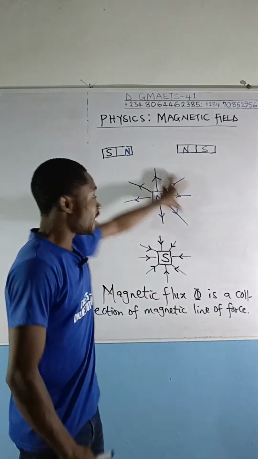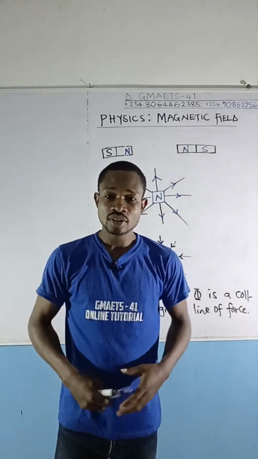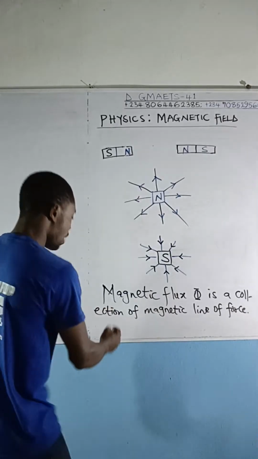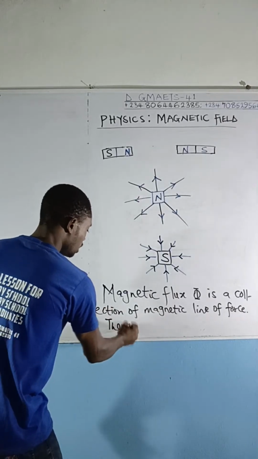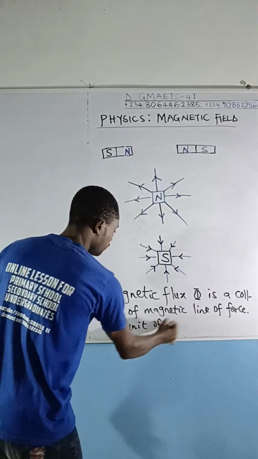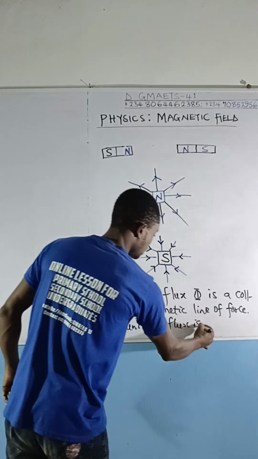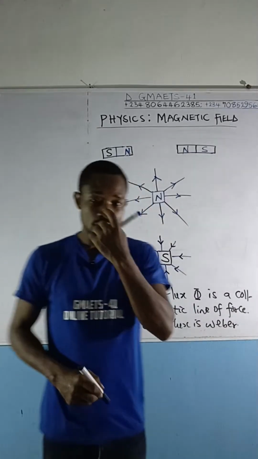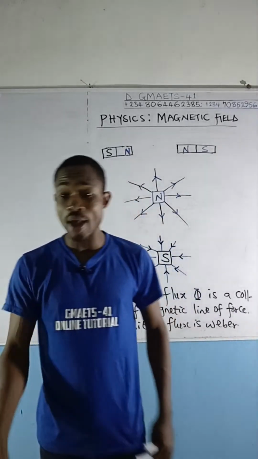Look at all these lines. Put together, they give us what we call flux. The unit of flux is Weber. Note, the unit of flux is Weber. Unit of flux is what? Weber.